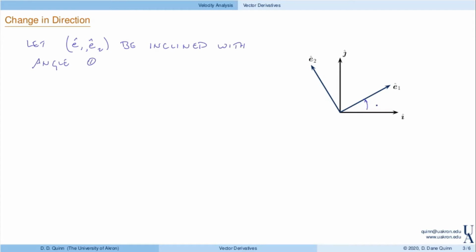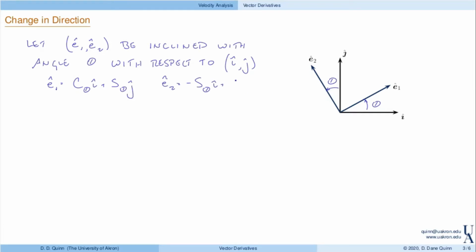So here theta is going to be this angle with respect to I and j. As a result, I can write E1 and E2 in terms of I and j. So E1 here would be cosine of theta in the I direction plus sine of theta in the j direction. And E2, this direction, of course, this angle is also theta, would be minus sine theta I plus cosine theta j.